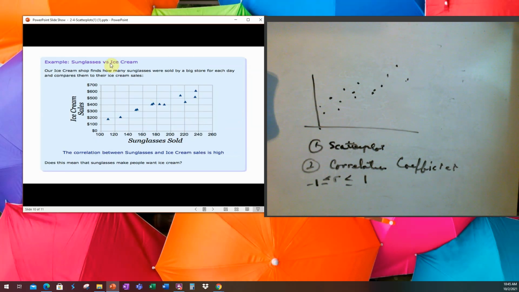So here is sunglasses sold in comparison to the ice cream sales. When it was cool outside, there was a low number of sales, and as we went up, the more ice cream sales we had, the more sunglasses they sold. Okay, so again, that looks like a straight line within reason, within whatever the range.